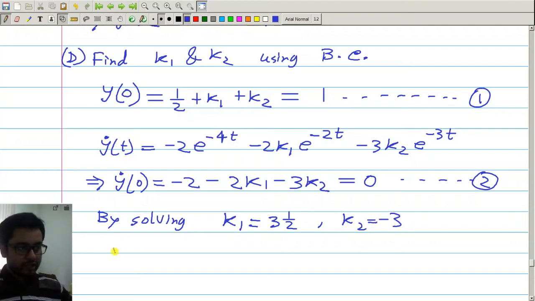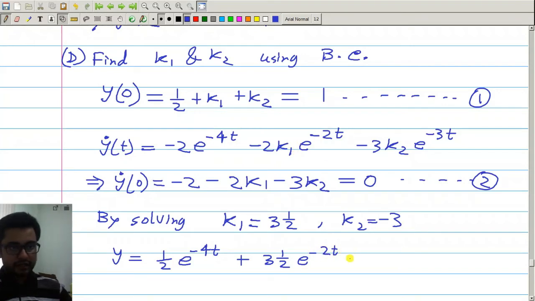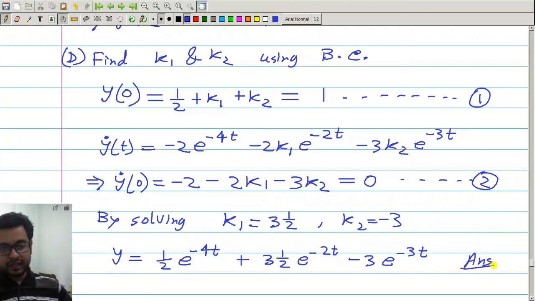So the final solution is y is equal to half e to the power minus 4t plus 3.5 e to the power minus 2t, and k2 minus 3 e to the power minus 3t. This is the final answer.